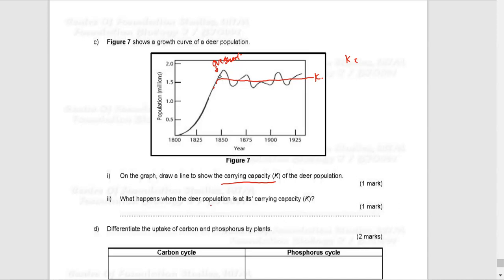But then at a certain point there are so many deer in that population that the environment cannot support the deer population, because there's a limiting food resource.